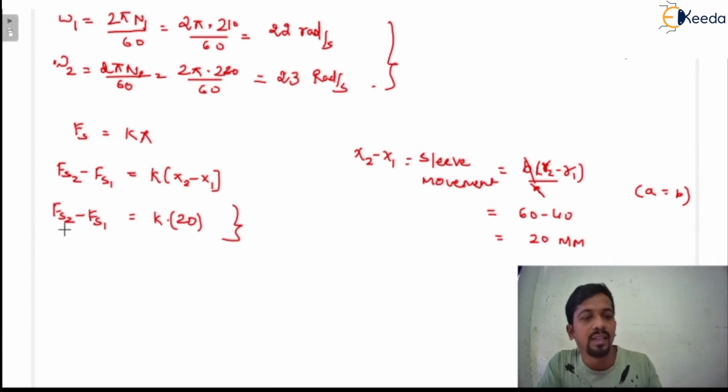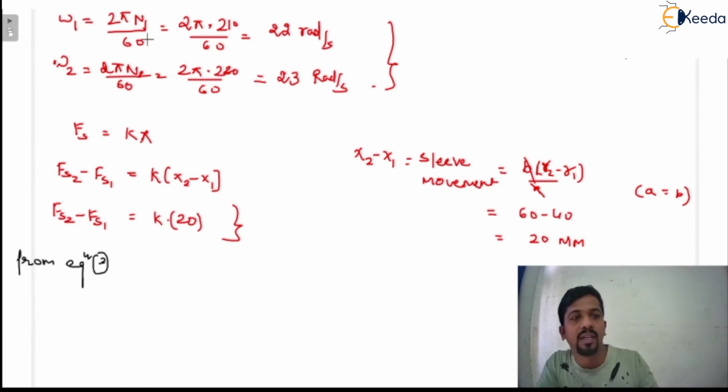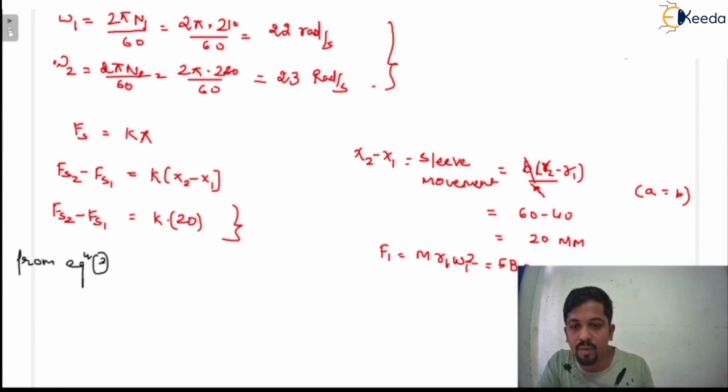Here we can calculate F1 and F2 separately. F1 is equal to m r1 omega 1 square, and you get the value of F1 as 58 Newton.